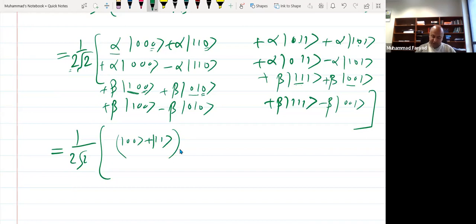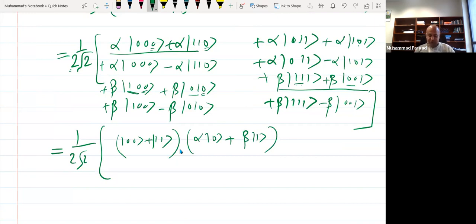So if I combine this and this, I get alpha 0 plus beta 1, right? So this 0, 0 plus 1, 1, and alpha 0 on the right is common. And in this term, I will have beta 1 on the right side common. So 0, 0 plus 1, 1 is on the left.